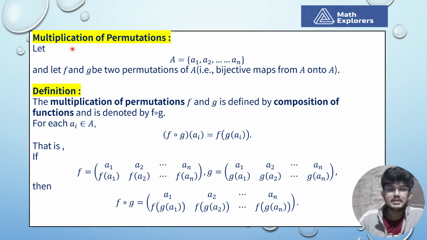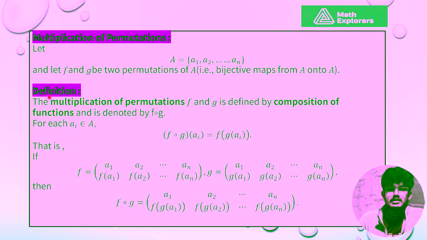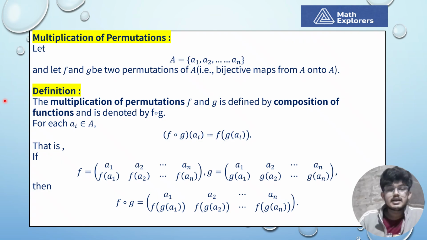Now multiplications of permutations. Let A equal to {a1, a2, ..., an} be a finite set, and f and g be two permutations of A, that is bijective maps from A to A. Clear? Definition: the multiplication of permutations f and g is defined by composition of functions and is denoted by f compose g.